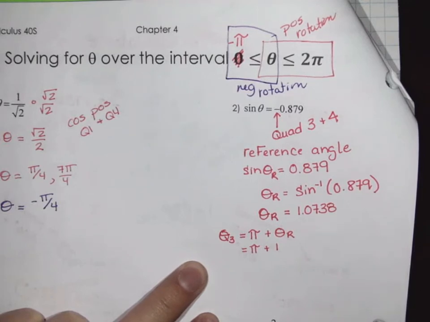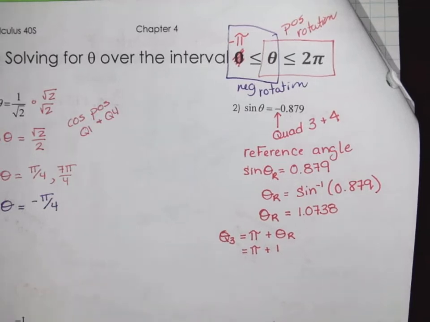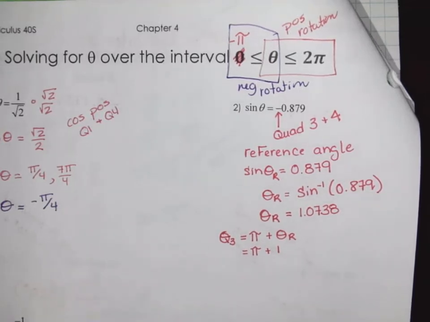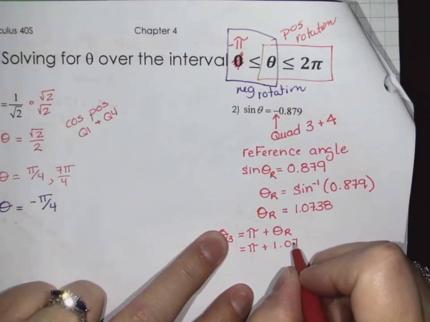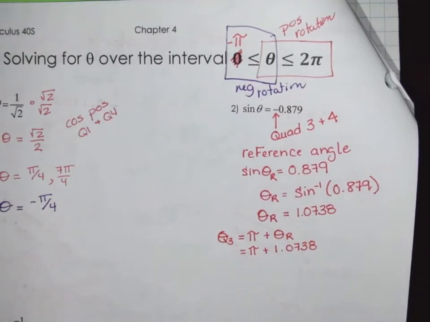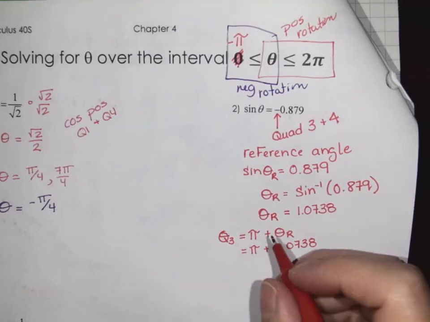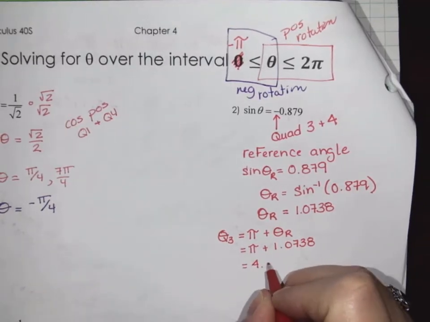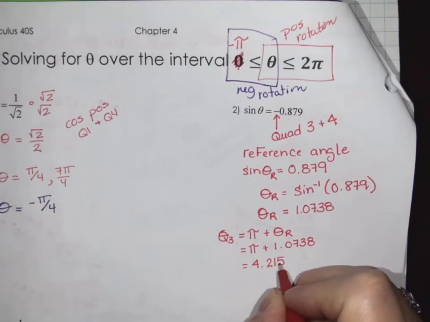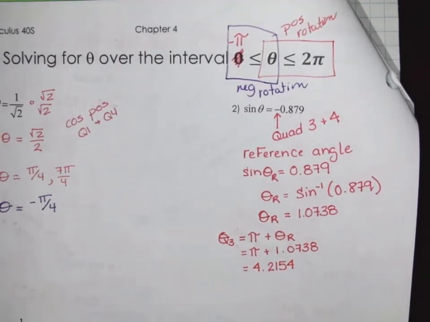Are we gonna have the pop quiz for our quiz? Do you think you need the pop quiz for your quiz? Okay, we're finding reference angles for. I don't even know what a reference angle is. That's scary. I taught you. I added pi plus 1.0738. Can we write down the quadrant rules again, please? We have them.